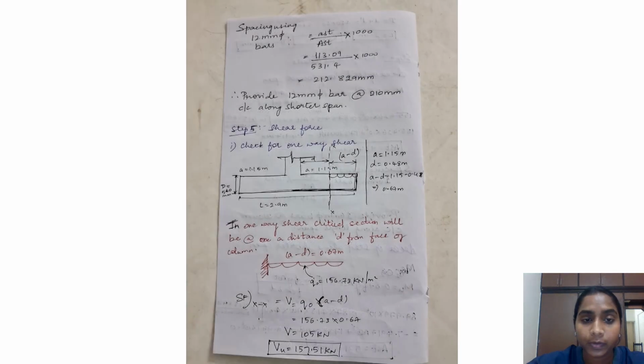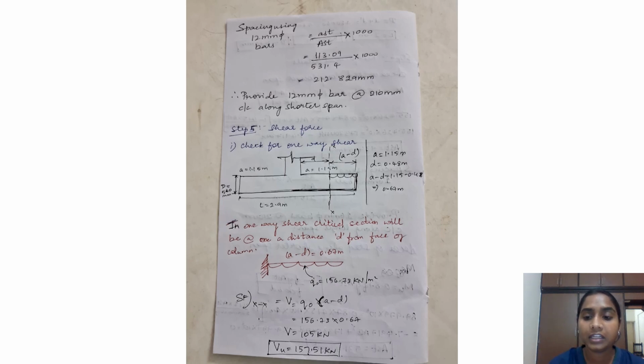By solving this equation, we will be getting Ast as 531.4 millimeter square. Then we should provide spacing using 12 mm diameter bar, and we will be getting the spacing as 212.829 mm. Therefore, we should provide 12 mm diameter bars at 210 mm center to center along the shorter span.